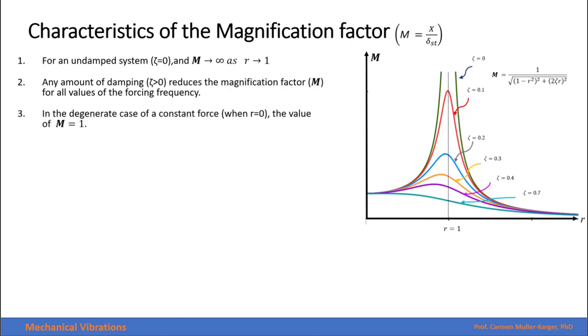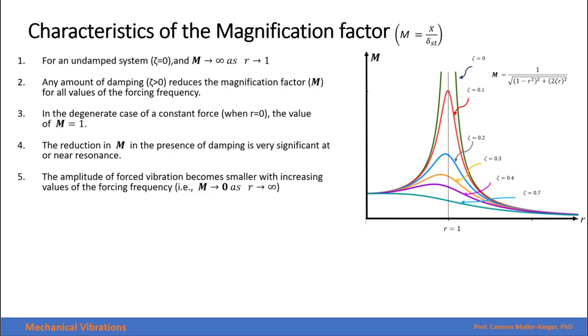For R equals 0, M is equal to 1 for any damping of the system. The reduction of M is very significant in the presence of damping near resonance. The amplitude of forced vibration becomes very small for very high frequencies. So when R goes to infinity, M goes to 0.